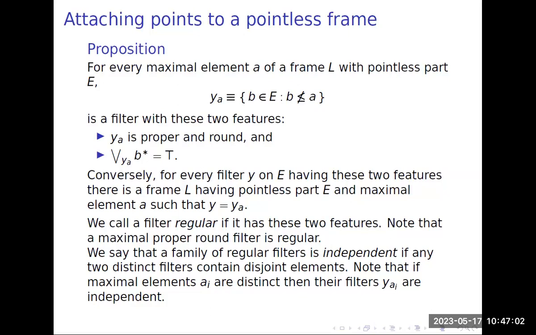And that is because if you have a maximal element of a frame with, say, pointless part E, then the family of all elements of E which fail to lie below the maximal element constitute a filter. Right? After all, these maximal elements are prime. So if two elements fail to be below A, then their meet also fails to be below A. Right? So there's a filter for you, and it's associated, as I say, with a maximal element.